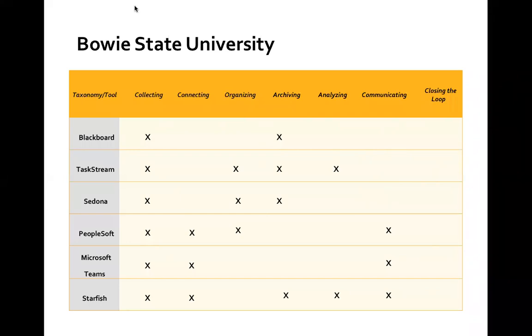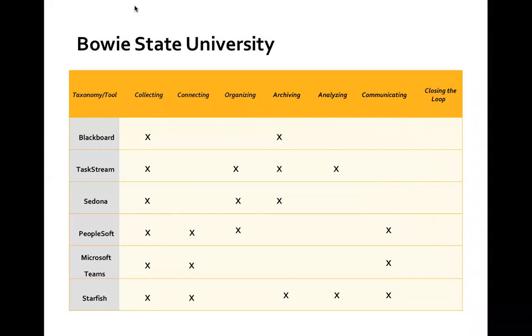Technical difficulties. Okay. So I'll just go through what we're using, starting with Blackboard, which we do use for all of our courses for our learning management system. I think maybe most campuses, or a lot of campuses do. Taskstream is used by our College of Ed, and that is for student learning outcomes data collection. And Sedona is used by our College of Business, and they use it primarily for faculty credentialing and collecting that information in terms of tenure and promotion.